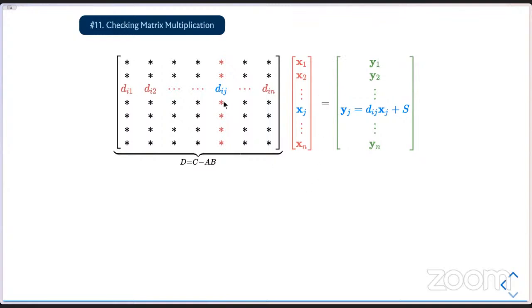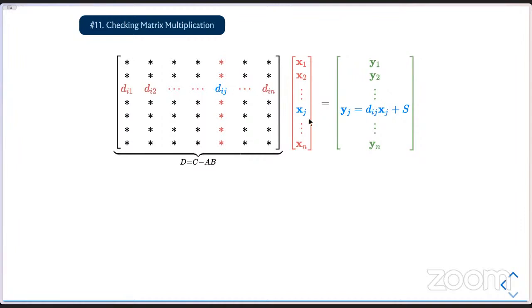The action of D on a random vector X gives us this vector Y, where the jth entry is essentially the product of this row here, the highlighted row, with the X vector. So I want to particularly highlight this product Dij times Xj.